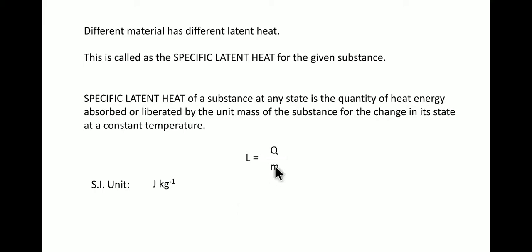We can see from here that it is heat per mass, that is joules per kg. Similarly, the other units of specific latent heat are calorie per gram and also kilocalorie per kg. If you need bigger units of specific latent heat, then we'll use kilocalorie per kg.